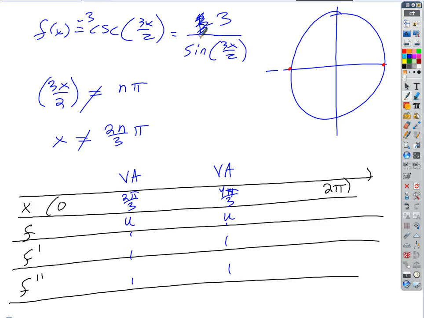We know that f of x is going to be undefined when sine of the inside angle is 0. Well, sine is 0 when the angle is an integer multiple of pi. And the angle is actually 3/2 x, so if I solve for x, which is my variable, x values of 2/3 pi and 4/3 pi are going to make the angle equal to an integer multiple of pi, right?